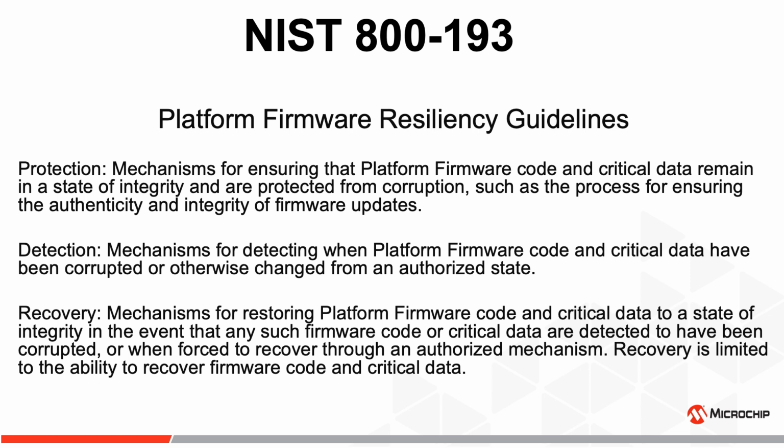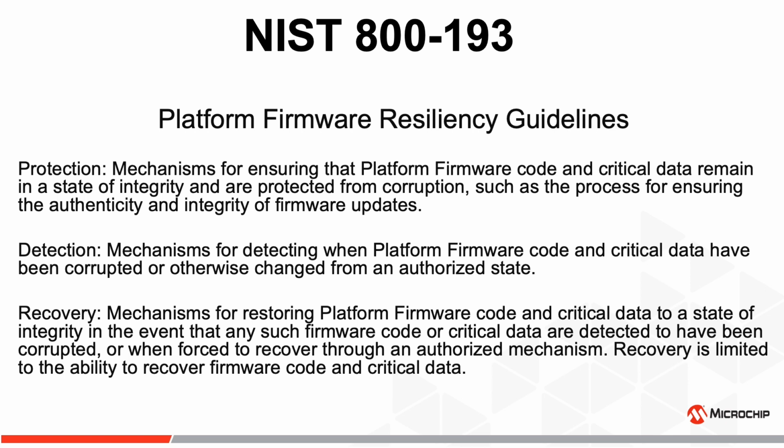This set of guidelines was published in May of 2018, so it's still relatively new in terms of adoption and use. However, we at Microchip have seen a significant number of customers asking for help supporting NIST 800-193 and its associated guidelines.